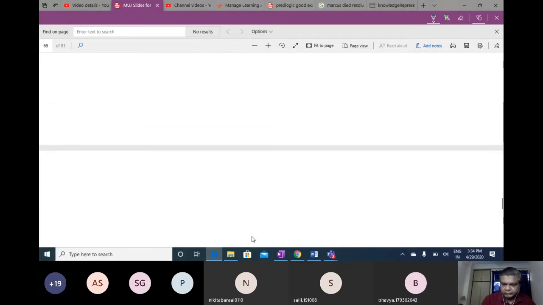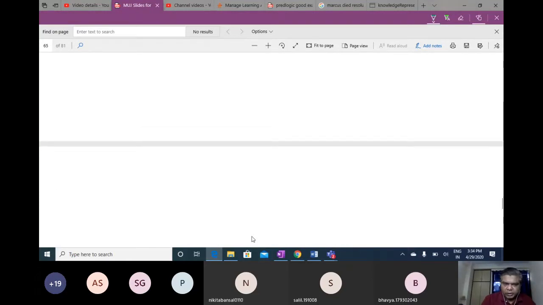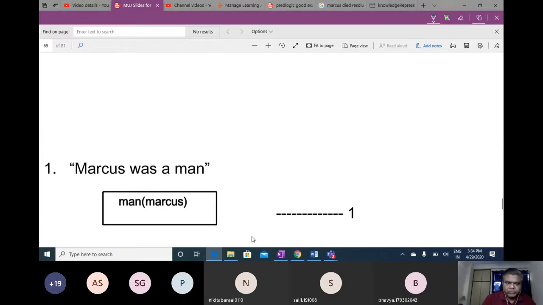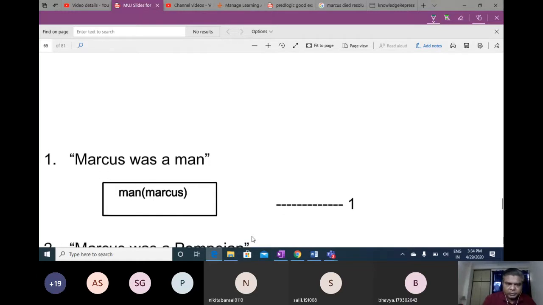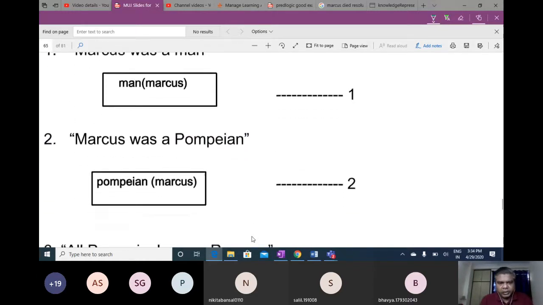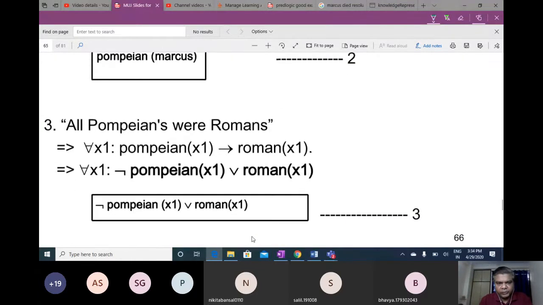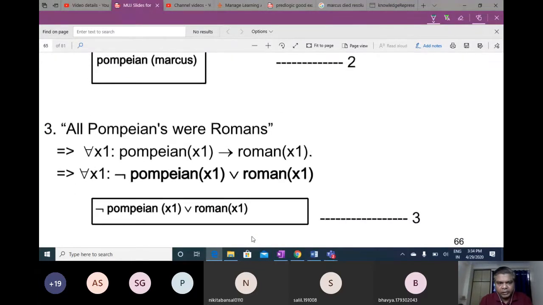First of all, we converted all of them into CNF. First we convert sentences to predicates. Marcus was a man, man Marcus. Marcus was a Pompeian, Pompeian Marcus. I will just move fast. All Pompeians were Romans: for all x1, Pompeian x1 implies Roman x1.